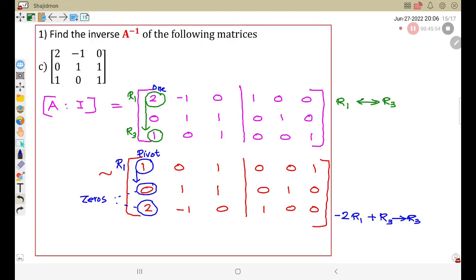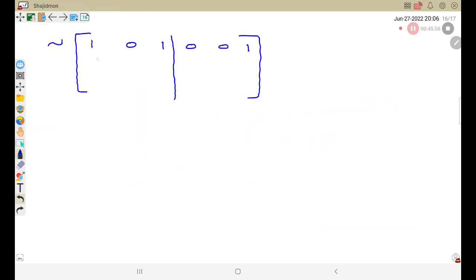Second row also the same: 0 1 1, 0 1 0. The third row we need to do that transformation. You will get 0 minus 1 minus 2, 1 0 minus 2. You can verify later. So in the first row the first number is 1, the number below is 0. Now we are going here, this number should be 1.